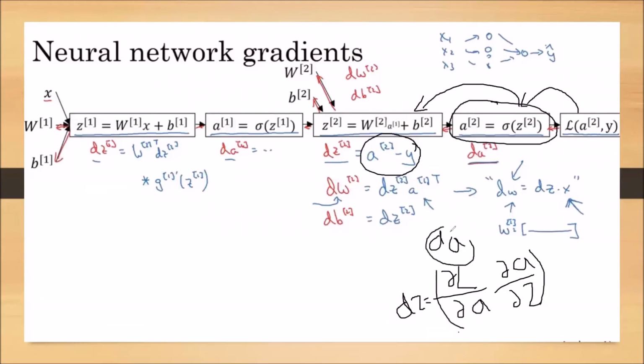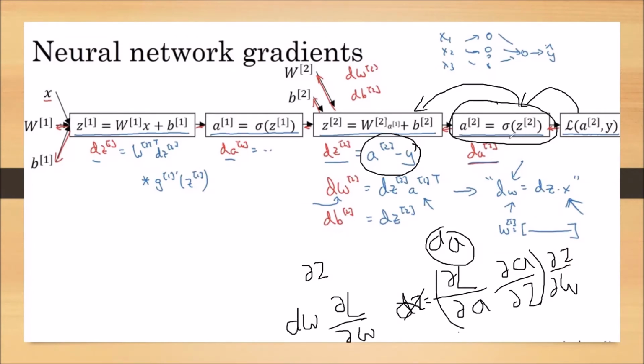What does dA mean? Only dou L by dou A. Now dou L by dou A into dou A by dou Z, what is it? dz. We already calculated dz as A minus Y. But here we have to write A minus Y as A superscript 2 minus Y. Now we want to add one more term, that is dou Z by dou W. If we calculate dou Z by dou W, it will become dou L by dou W, which we call dW.